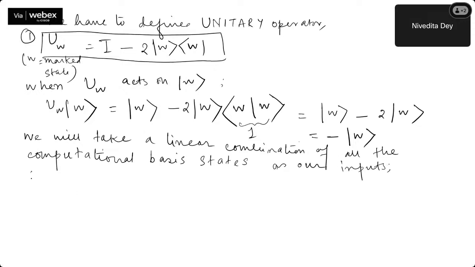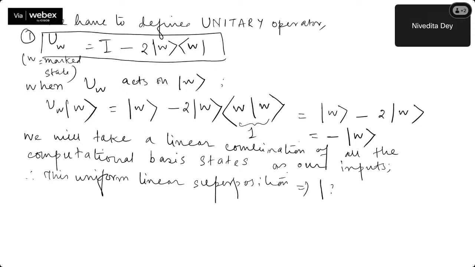And say this uniform superposition. Why uniform? Because right now I have not made any change to the amplitude. So it's all like 1 by √2 or 1 by √4 or 1 by √8 applied on all. This uniform linear superposition is represented by the symbol S, which is also known as the standard state.